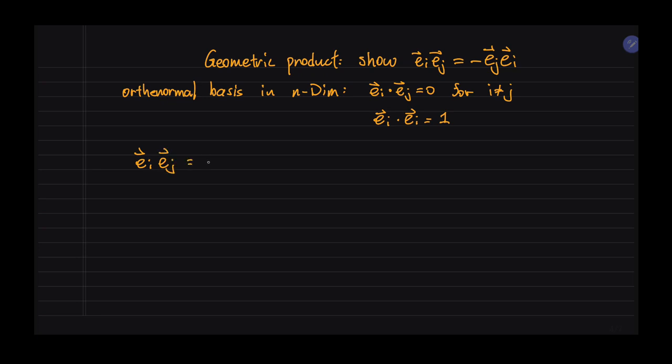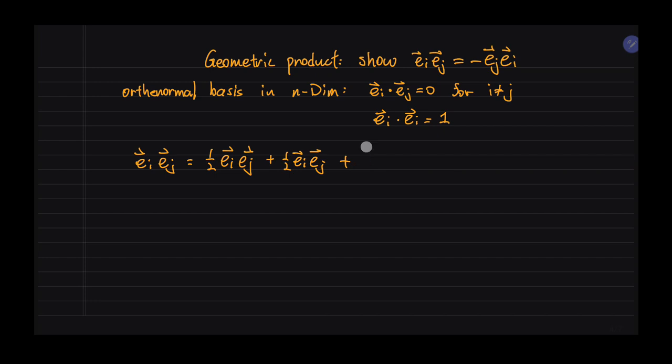It is equal to ei ej, which doesn't tell us anything, of course, but we can also write it that way, like 1.5 ei ej plus 1.5 ei ej, and plus 0, which is nothing.